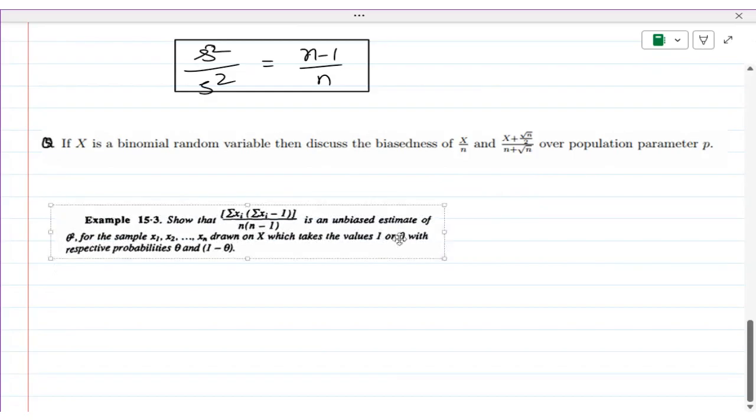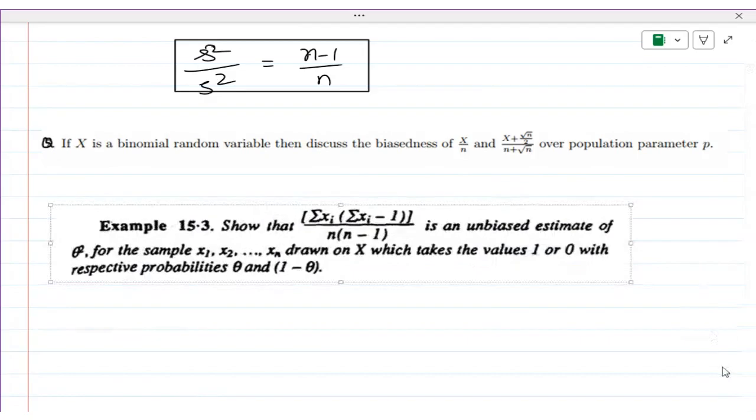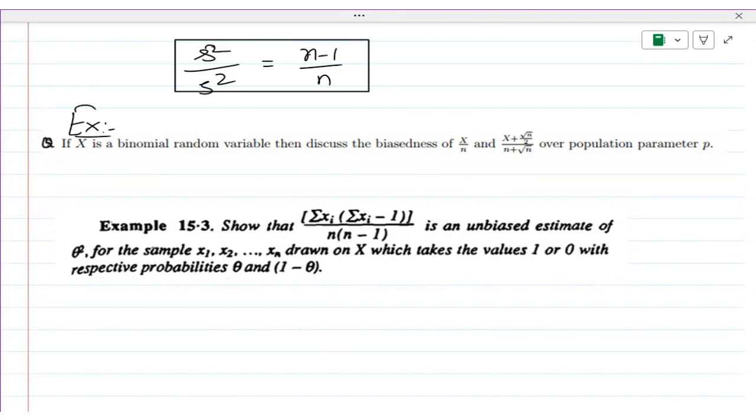So these two questions I'm leaving as an exercise. Okay. And now we will move to the next topic.